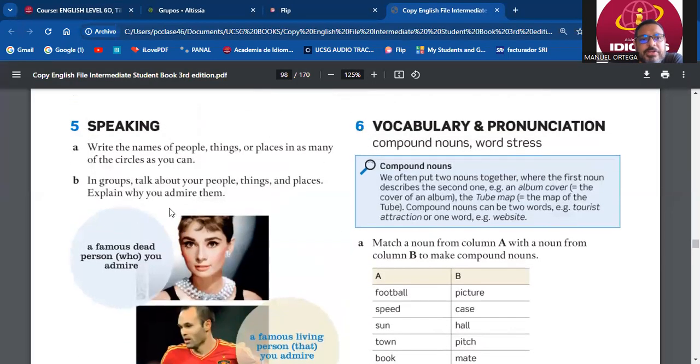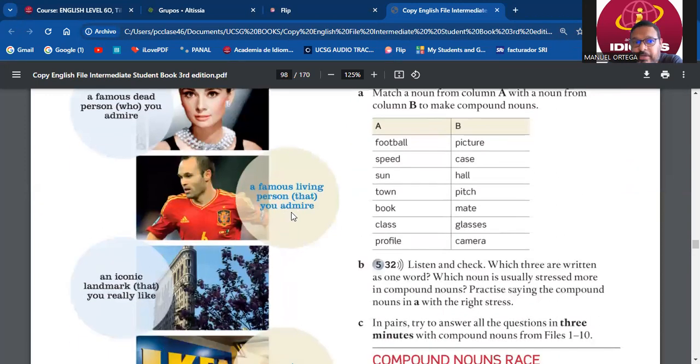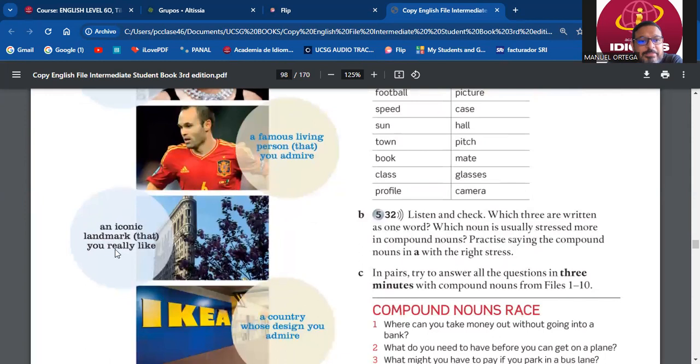What you're going to do is talk about your people, things, and places, and explain why you admire them. Here: a famous dead person who you admire, a famous living person that you admire, an iconic landmark that you really like. An iconic landmark is a building, anything constructed by man in another country or in our country that you admire.